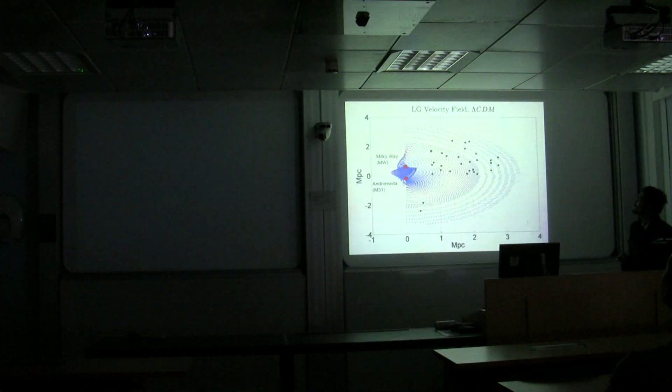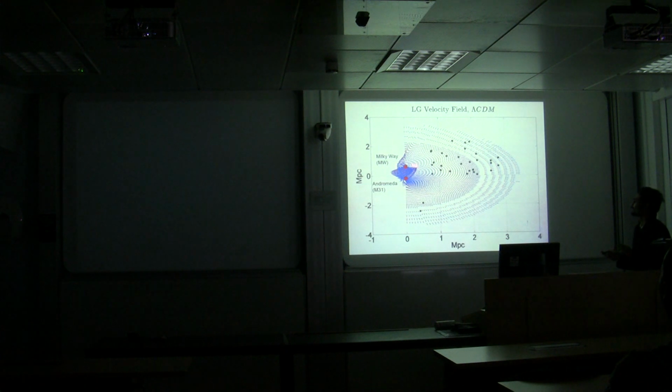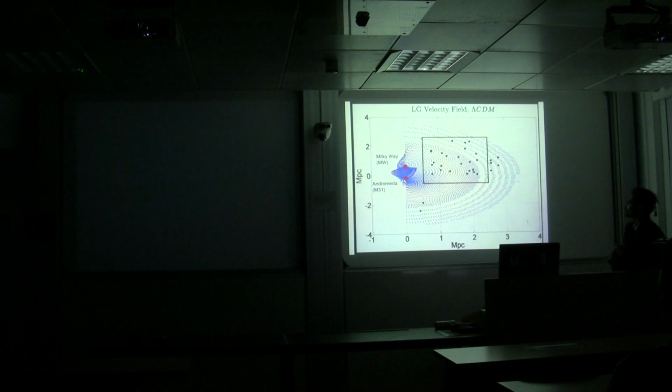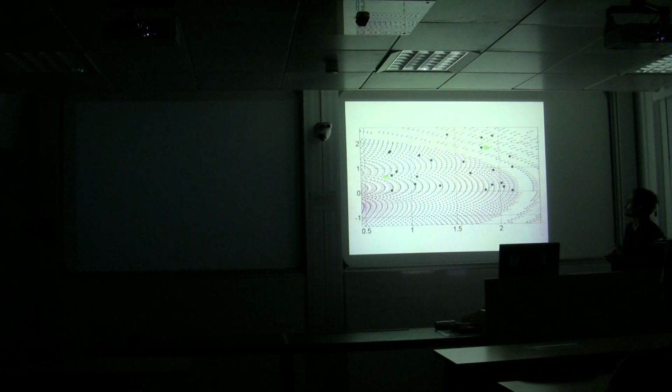What happens next, you start test particles out somewhere around here, they shoot outwards, and then you get something looking like this at the end, with the tracer galaxies, which really are there. If I zoom in on this region, you'll see that close to the local group, things should be coming inwards because of the gravity from the Milky Way and Andromeda pulling them in, and further out, of course, they should be receding.